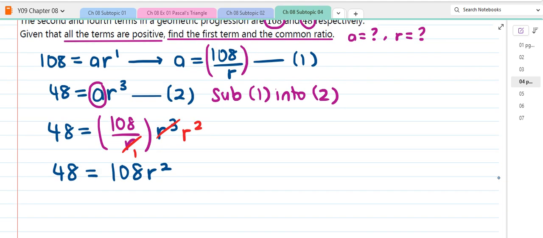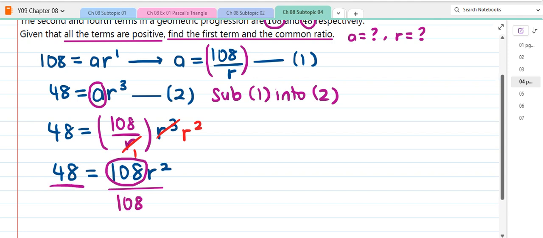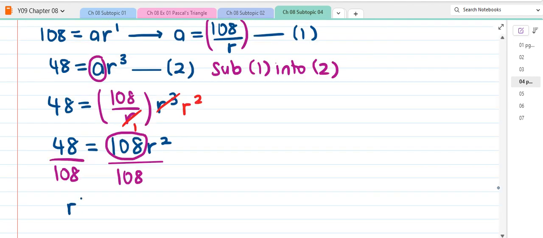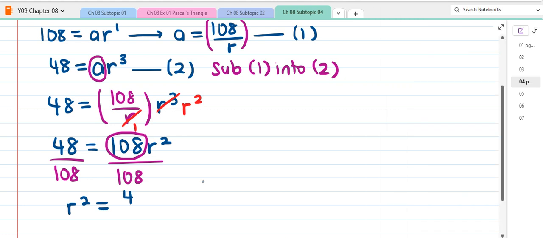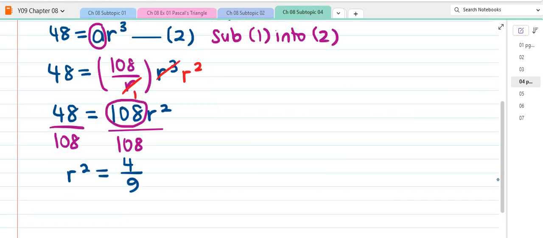R squared can be obtained by moving it to the other side, by division of 108. So your R squared would be 48 over 108. You will get 4 out of 9. So 4 out of 9 is R squared. The final step: because we want to find the common ratio R, you have to apply the square root.